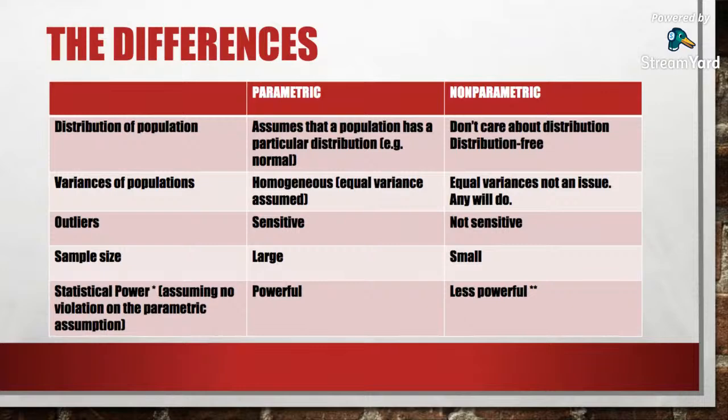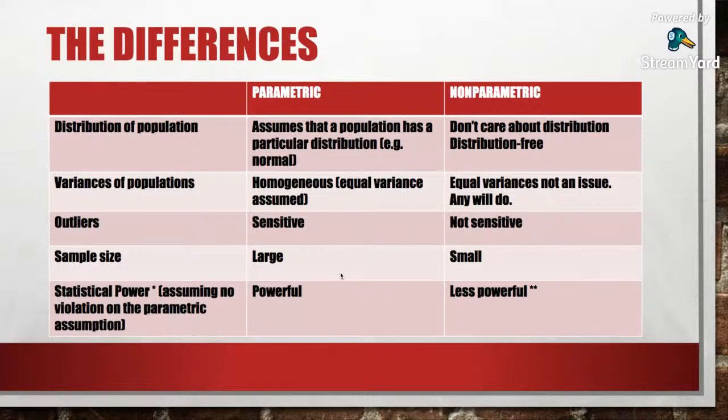Kasi I think, if I'm not mistaken, more or less 400 samples lang ang nilalabas ng Slovin's formula. Kaya when they ask me, ilan ba ang dapat kong kunin, I would always tell them that the more samples you get from the population, the more reliable the results.